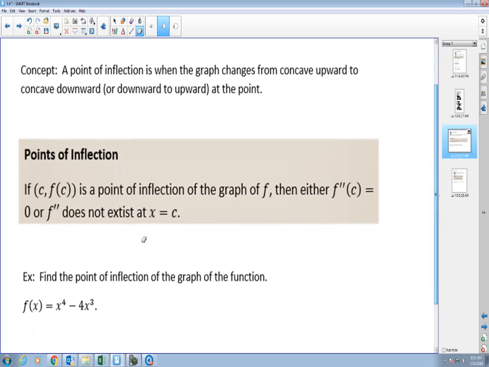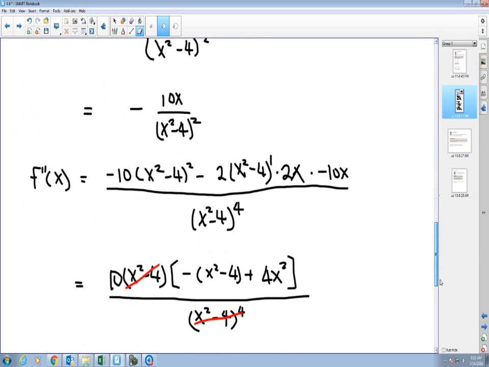So, point of inflection: if the point (C, f(C)) is a point of inflection, then either f double prime of C is equal to 0 or f double prime does not exist at x equal to C. So we can come back to this last problem.